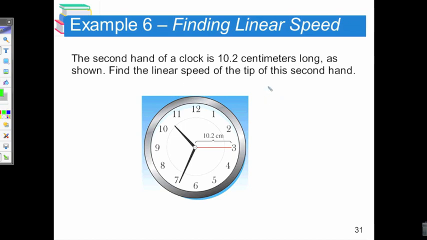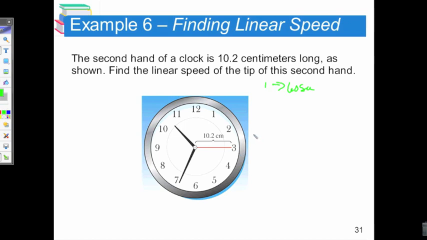It's a second hand, so it's rotating at a rate of one rotation every 60 seconds. That would be a pretty simple question to answer. But instead I'm looking for the linear speed. So it's how quickly this whole thing is moving in a linear direction.